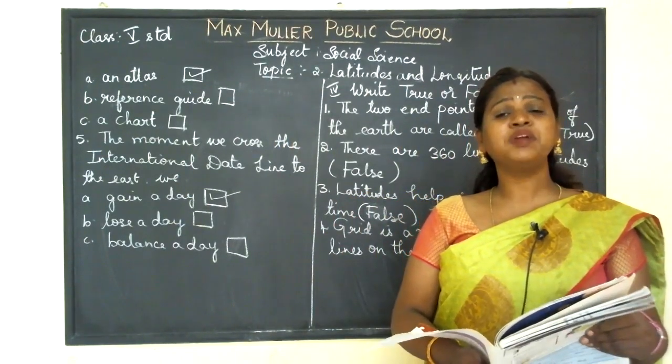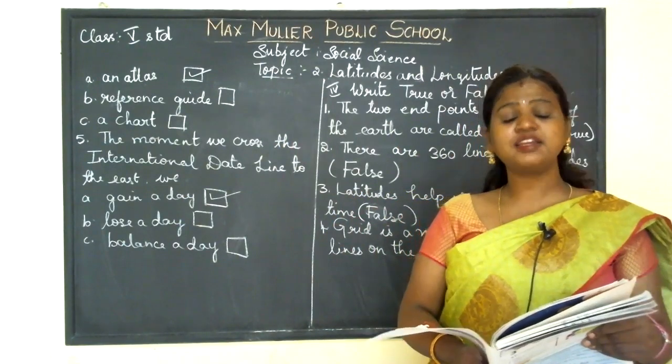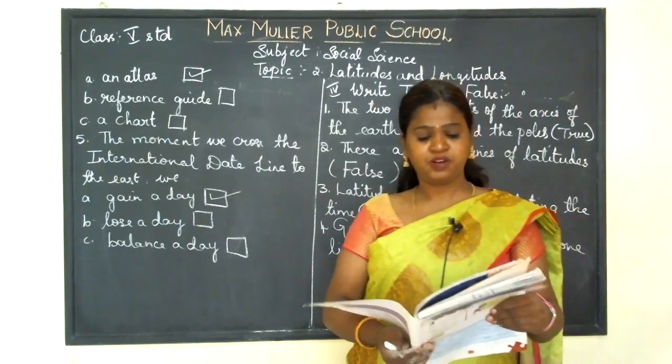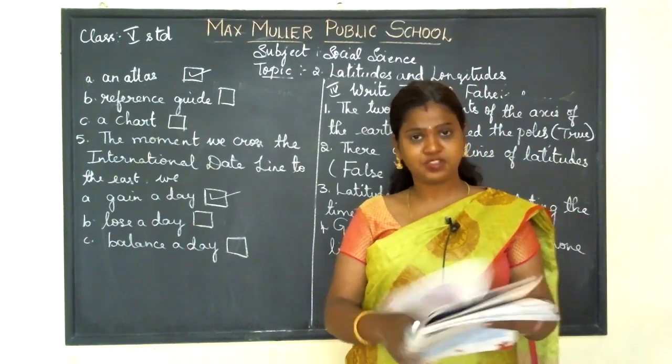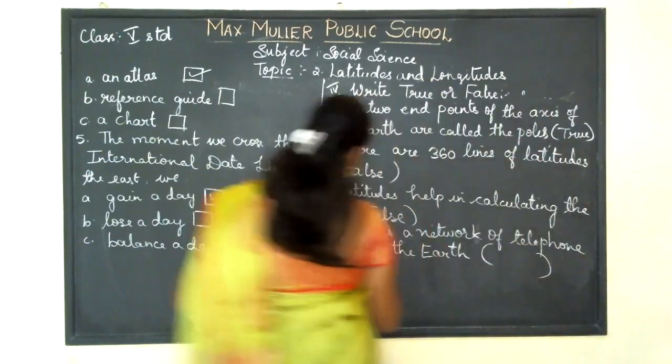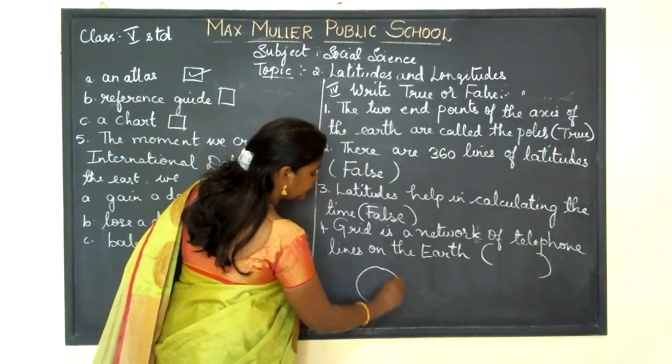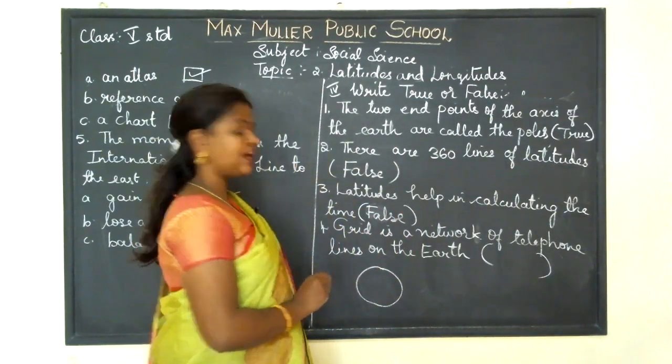What do you mean by grid? Grid is the lines formed by the latitudes and longitudes which are crossing each other. Grid is a network of latitudes and longitudes.